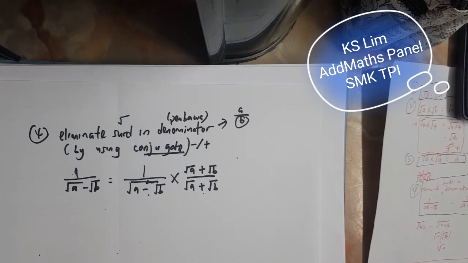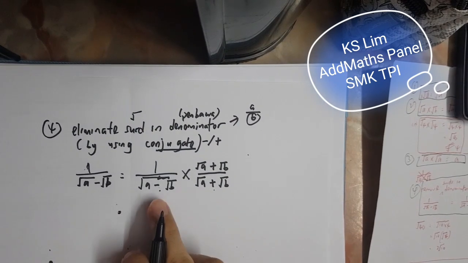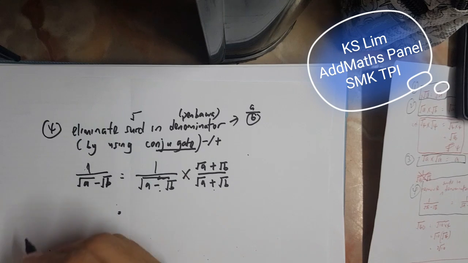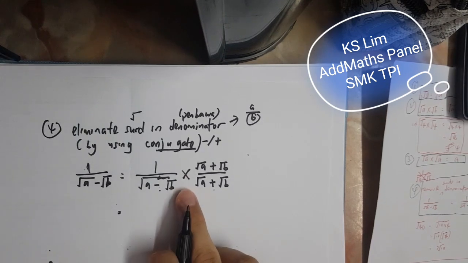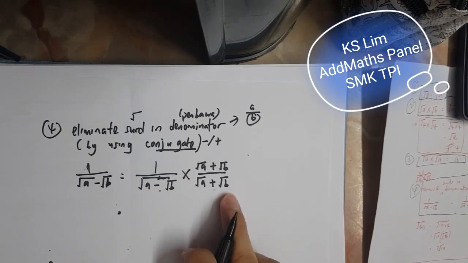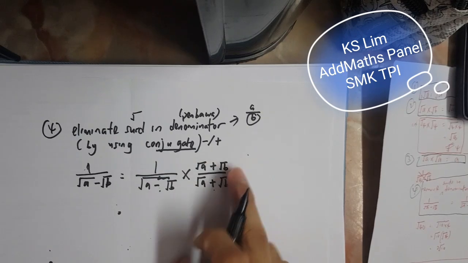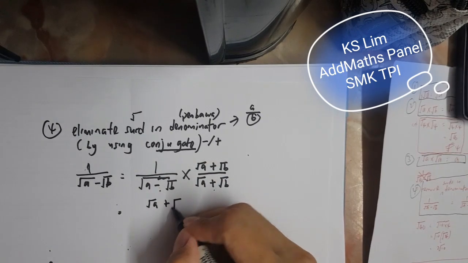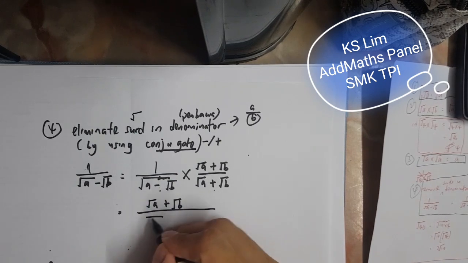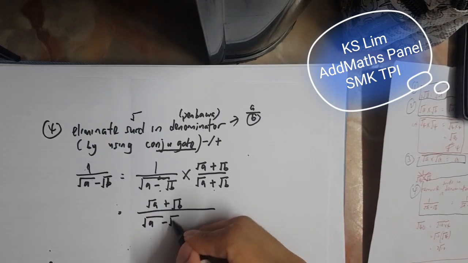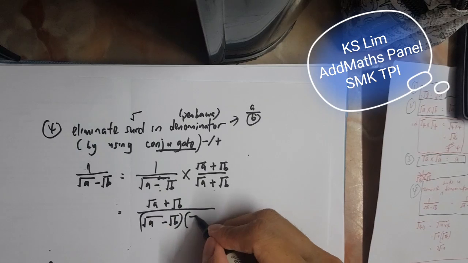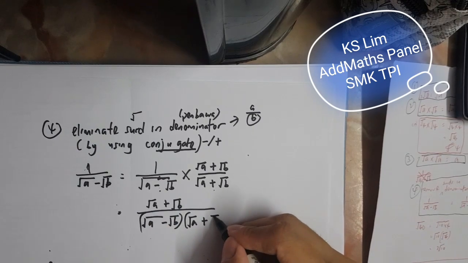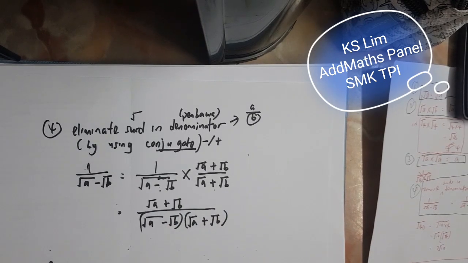Okay? So now, at this part, square root A minus square root B multiply by square root A plus square root B. Numerator times numerator, denominator times denominator. So we get square root A plus square root B over square root A minus square root B multiply square root A plus square root B. It will look like this.